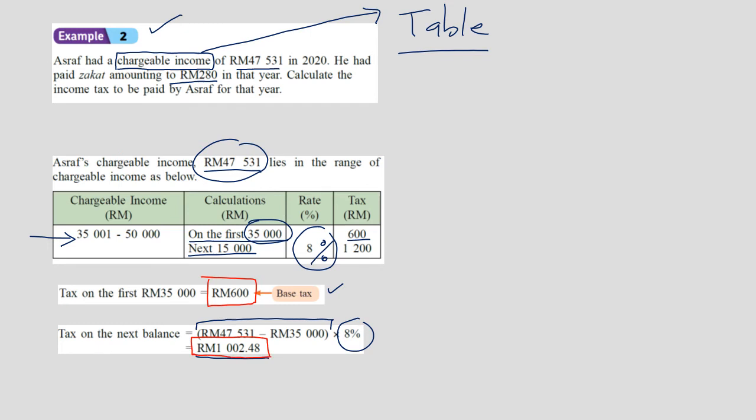So you have to add these two for the income tax. So what do you get?